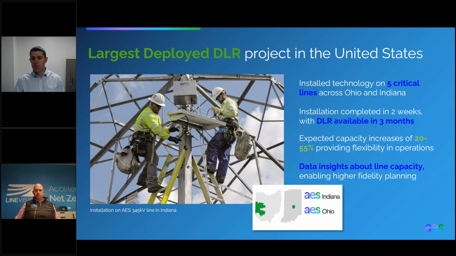And so we're hoping early next year to share some initial results of this project, and ultimately continue monitoring these lines to understand where we can leverage these data insights for better planning, for integrating new customers, and expanding the reach of our DLR project.